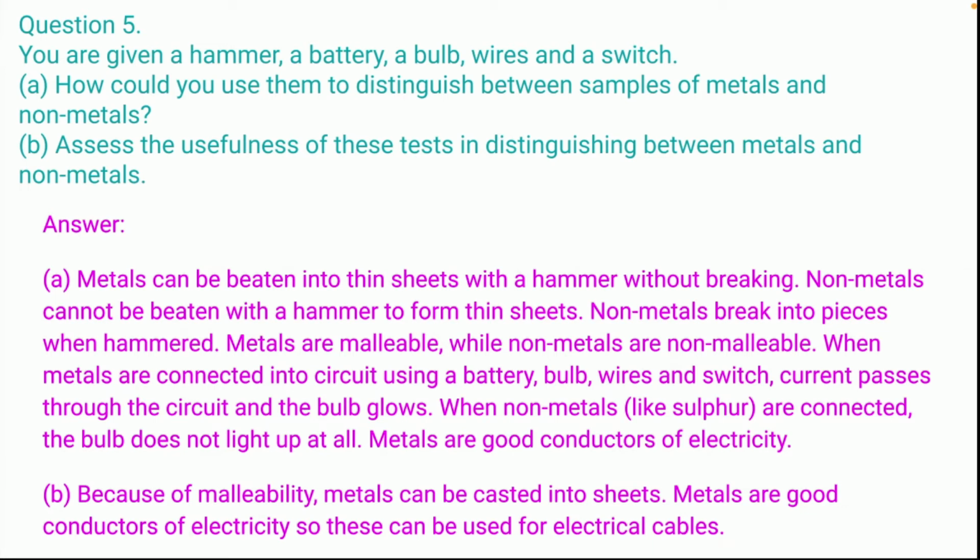When non-metals like sulfur are connected, the bulb does not light up at all. Metals are good conductors of electricity. And the second question's answer is, because of malleability, metals can be cast into sheets. Metals are good conductors of electricity, so these can be used for electrical cables.